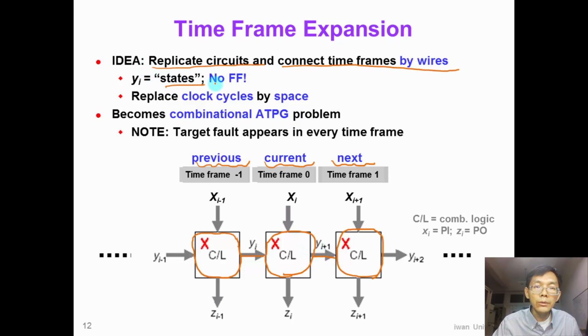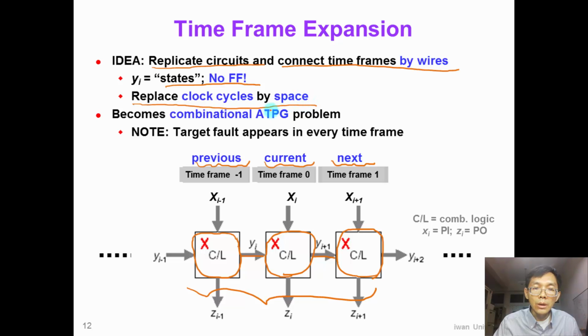So there is no flip-flop. These 3 copies together become a very large combinational ATPG problem. So we can simply replace the clock cycles by memory space.